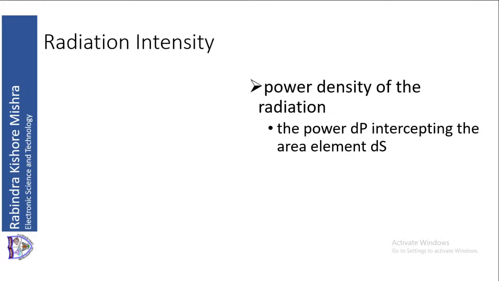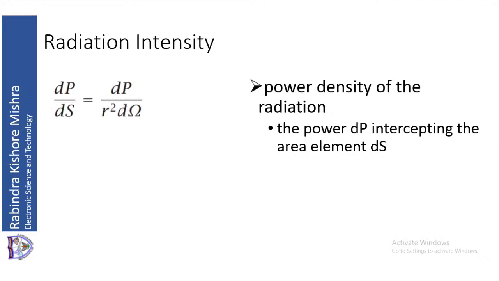You consider a large sphere at a large distance, with the antenna at the center of the sphere. The radius is very large. On the surface of the sphere, let us consider an elemental area dS, and the power over that elemental area is dP. So that is what we are considering.